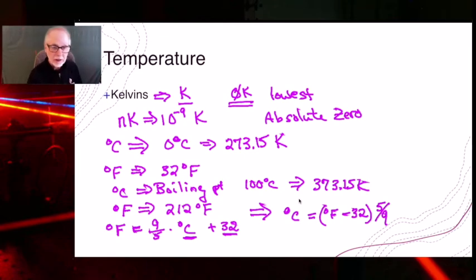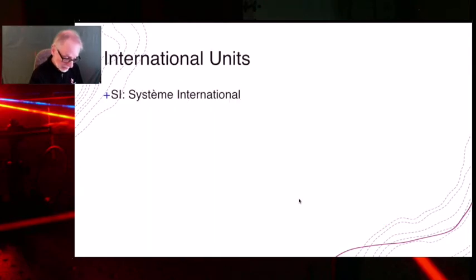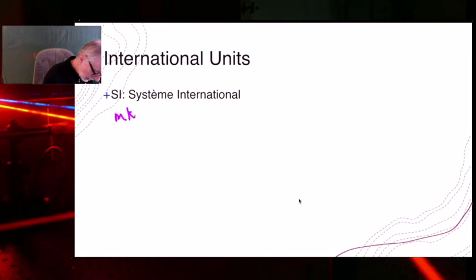So again, the kelvin is going to be our absolute scale. That's the temperature scale that we're going to use in most of the calculations when we're dealing with thermodynamic and scientific properties of systems. All right, so there is an international system of units, and you could probably guess based on what I've really focused on in this discussion, that sometimes it's called the MKS system, which is meters, kilograms, and seconds.